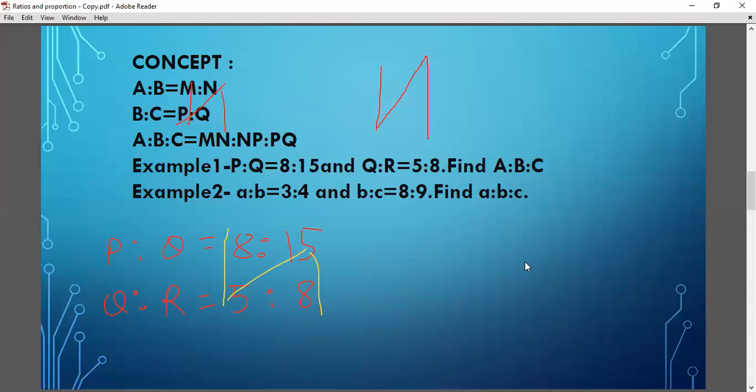So our ratio becomes 40 is to 75 is to 120.